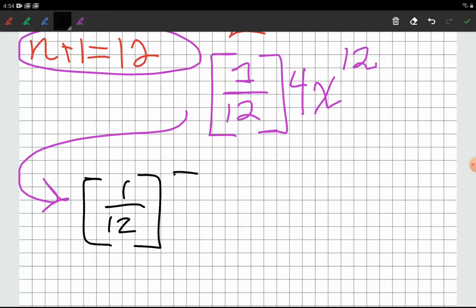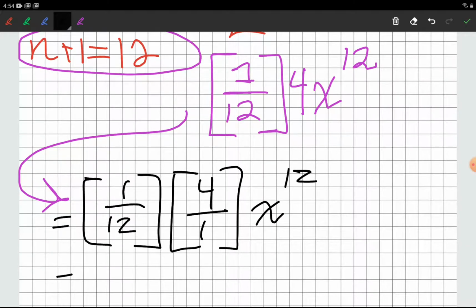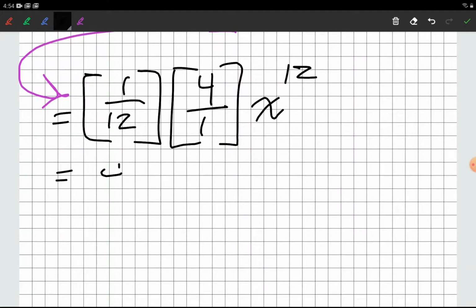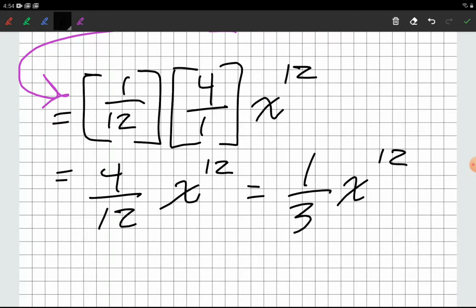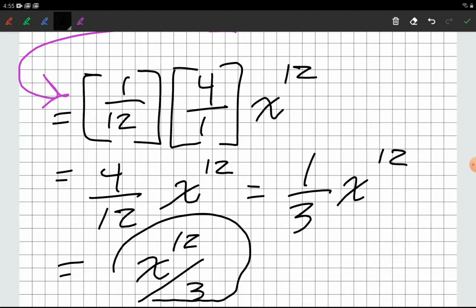Okay, now we just have to simplify. So 1 over 12, put the 4 in fraction form. That reduces to 4 over 12, x to the 12th, which reduces to 1 over 3, x to the 12th, which can be rewritten as x to the 12th over 3.